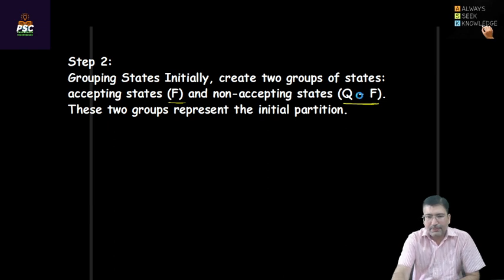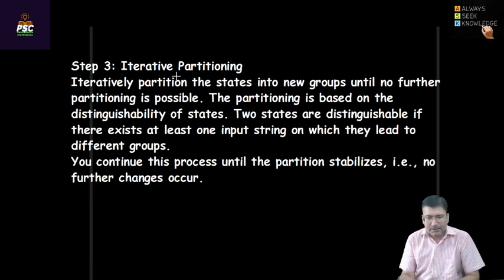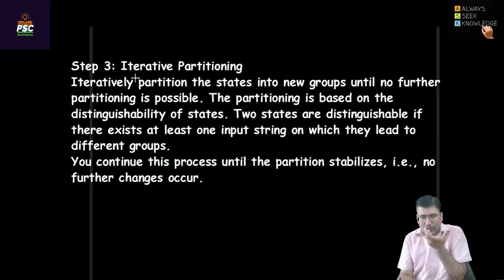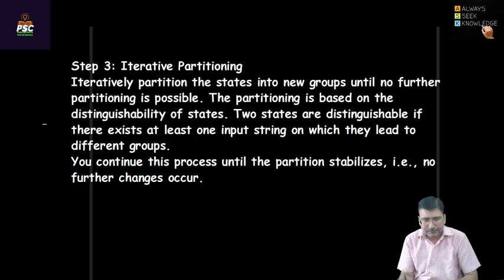Those are non-final. Then in the third step, we start doing the iterative partitioning. So whatever groups we have created, based on the equivalence, we try to check whether the states will be in the same set or a different set, and then we do further partitioning of the given sets, right? So how do we do that?